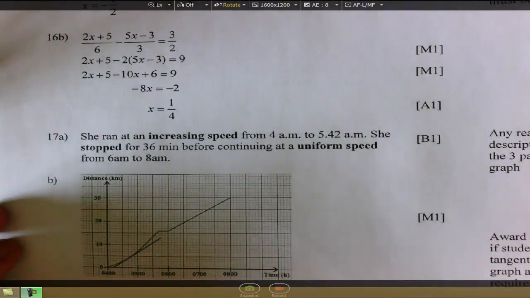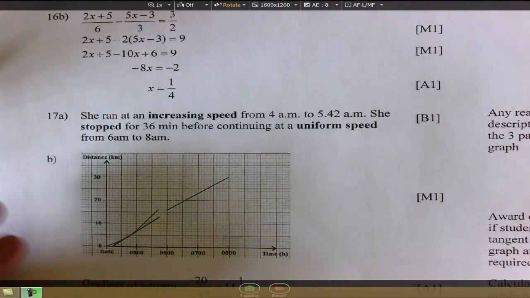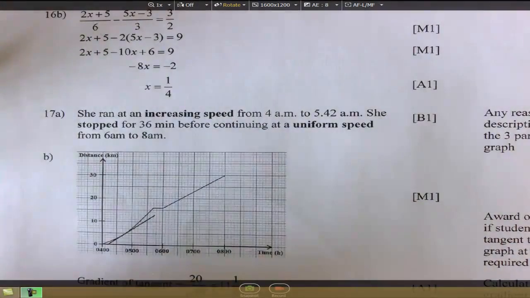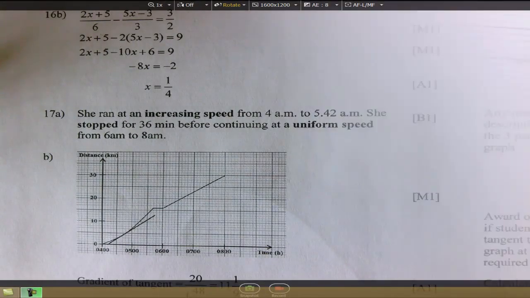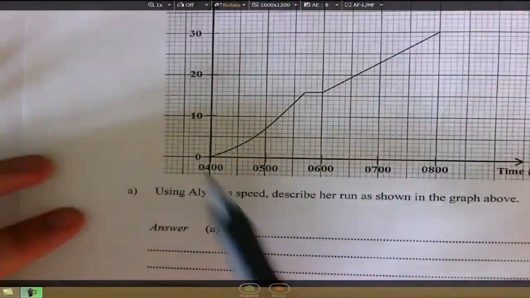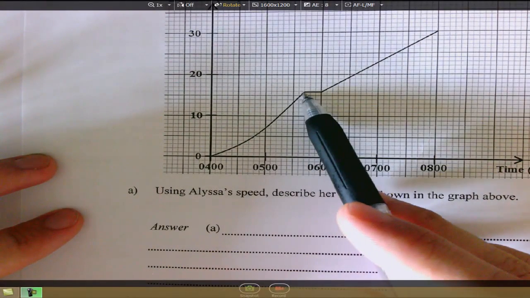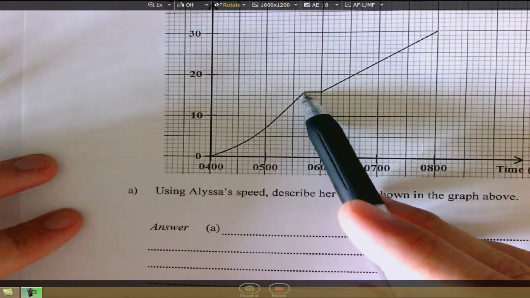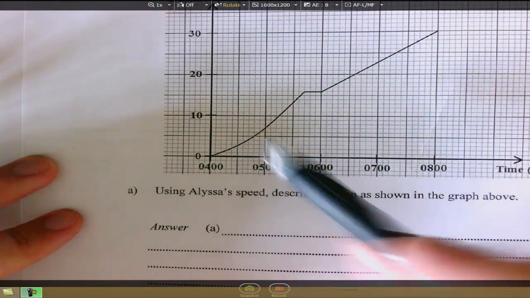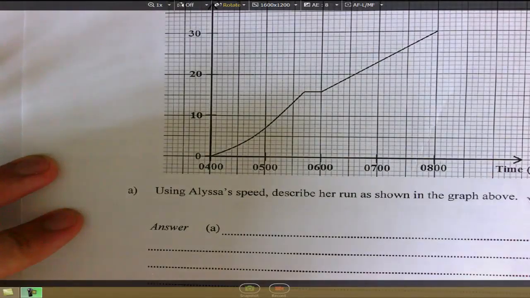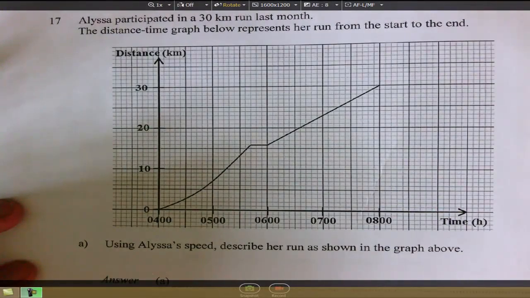Now we move on to question 17. 17a. Describe her run as shown in the graph above. Okay, so between 4 a.m. to 5:42 a.m., right down here, notice that the gradient of a distance time graph will give you the speed.